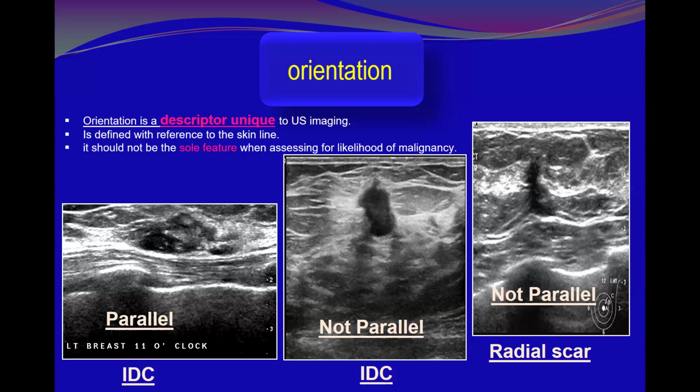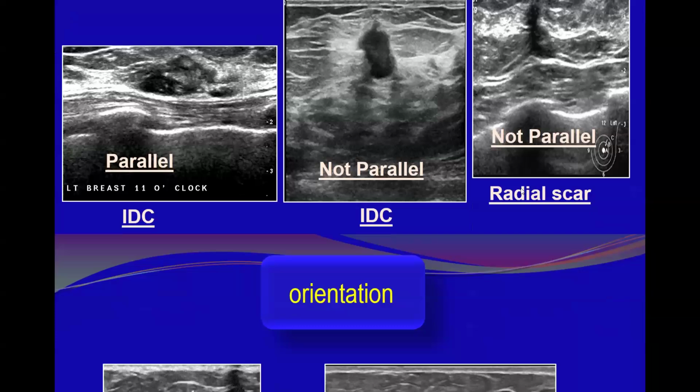And it should not be considered a sole feature when assessing the likelihood of malignancy. This is a cancer, parallel, and this cancer is not parallel, and this is a benign lesion, not parallel, which is a radial scar.